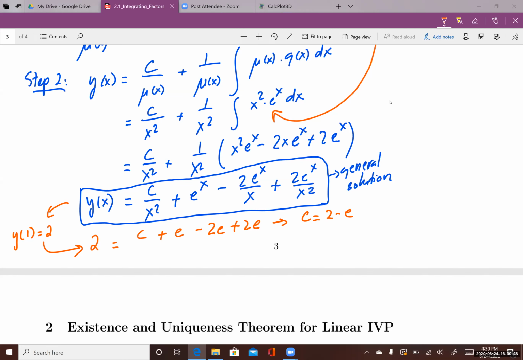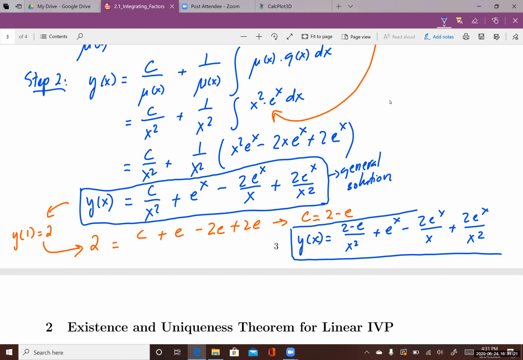If C equals 2 minus e, then my particular solution will be this. So this is the particular solution.